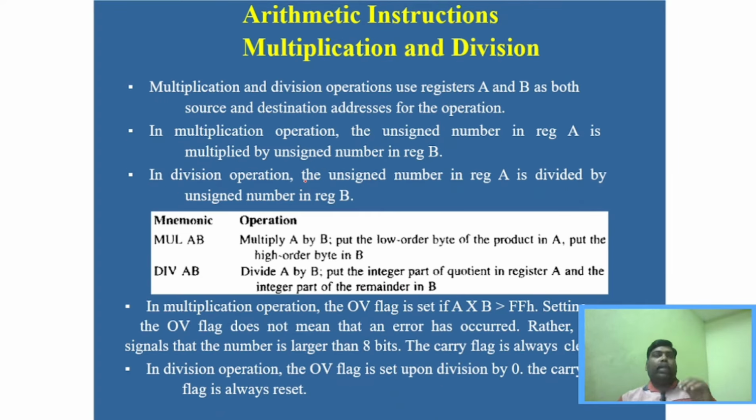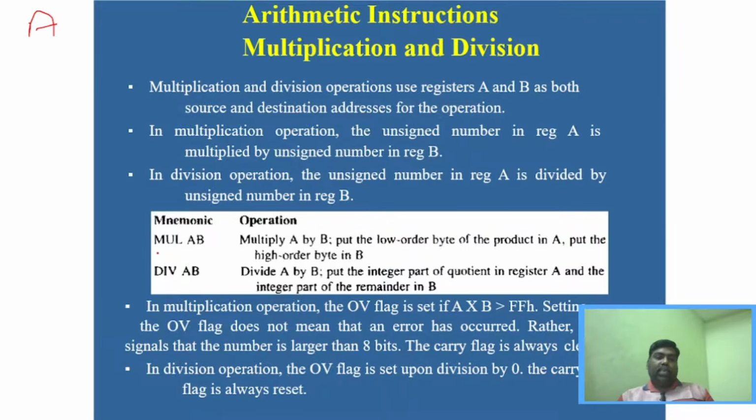And when it comes to multiplication and division, it is going to be a direct instruction. Only one thing changes here, that is the saving of the result. So far, whatever result we obtained was saved in the accumulator. But here, since you will have both a lower byte and a higher byte, the result is saved differently.